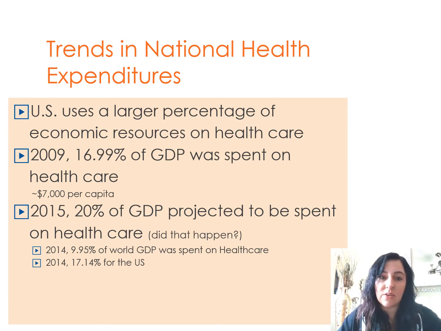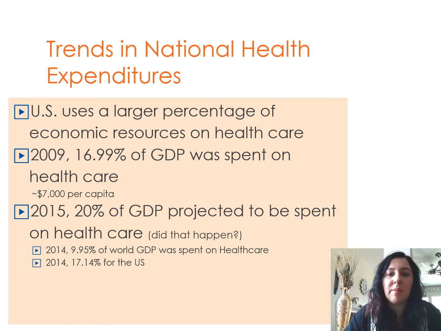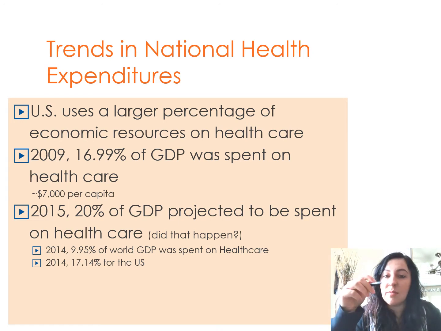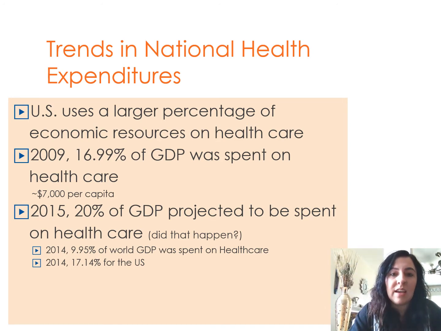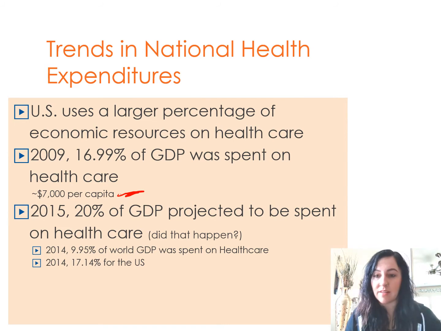In 2009, just to put this in perspective, a little over a decade ago, almost 17% of the GDP was spent on healthcare. That's equivalent to spending pretty much $7,000 on each person that year on healthcare.